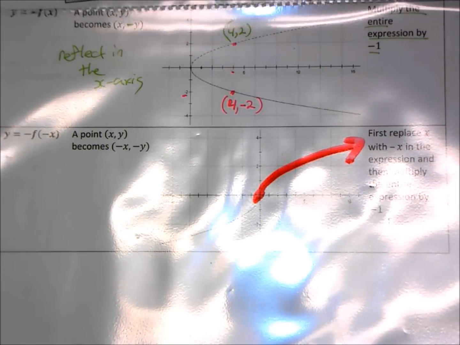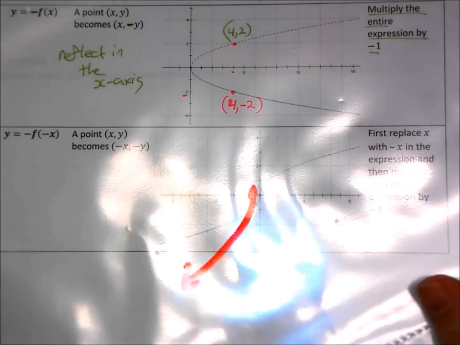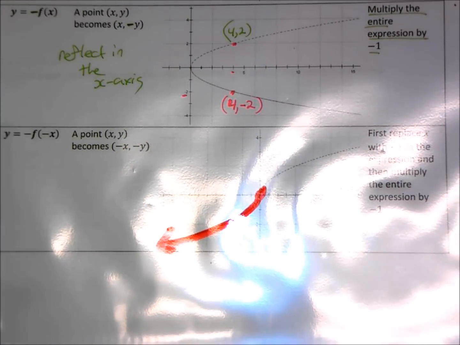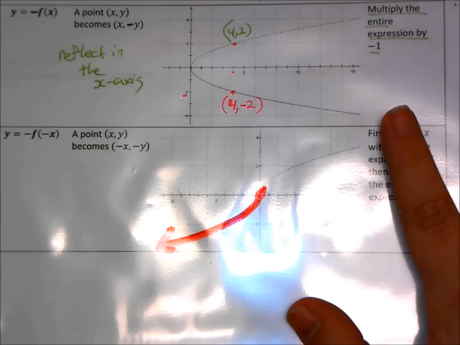If I take it and spin it so that the starting part stays the starting part, we get the same graph. So this is almost a rotation of 180 degrees.